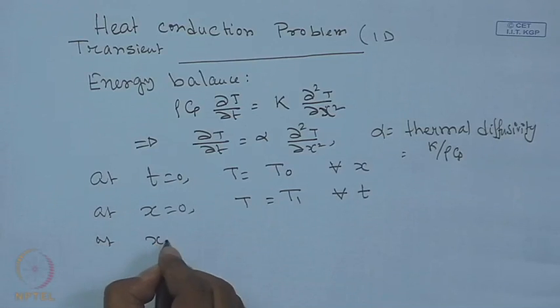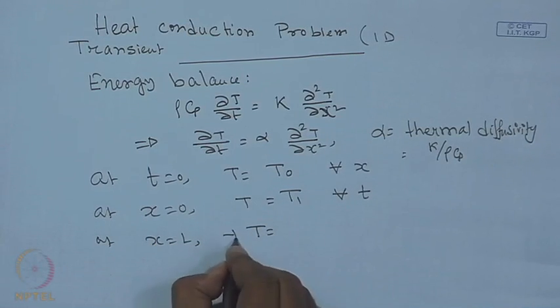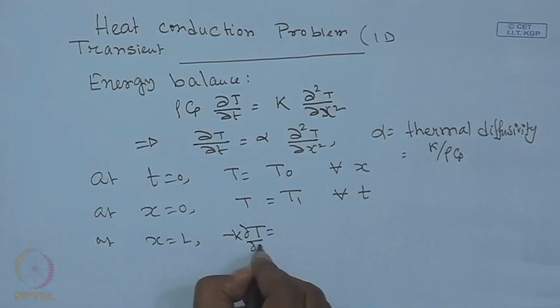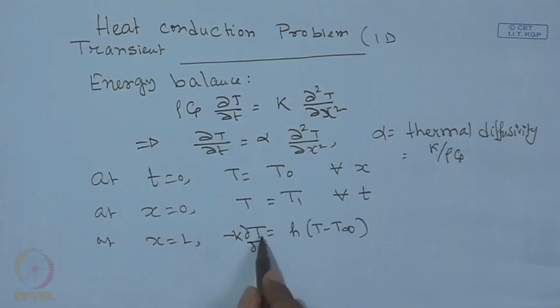At x is equal to L, minus K del T del x is equal to H times T minus T infinity, where the left hand side represents the energy that has come to the boundary at x equal to L by conduction, and that amount of energy is taken away by the convection in the ambience. H is the heat transfer coefficient and T infinity is the ambient temperature.